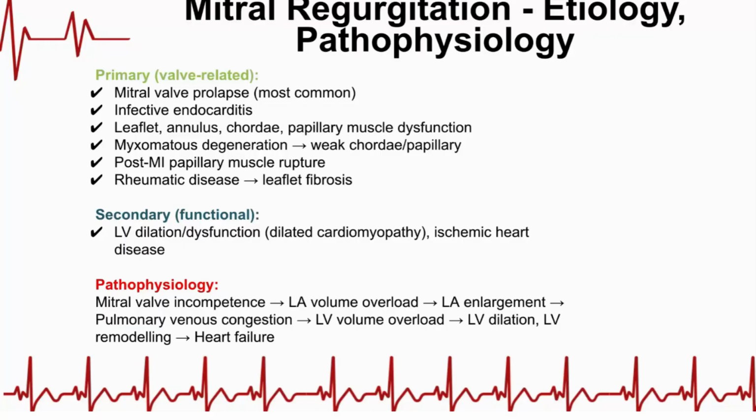And what this will cause is an increase in the pressure in the venules and arterioles, so much so that you have fluid seep into the lungs and cause pulmonary edema.